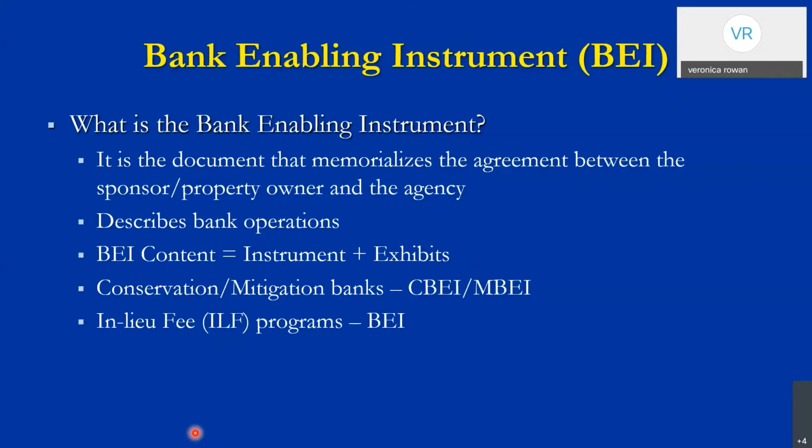Some people still call it a Conservation Banking Agreement, but for the most part, this is describing the same document. They are also used for in-lieu fee programs, but I'm not going to get into any in-lieu fee program specifics. That I think is going to be covered in another webinar later in this series.